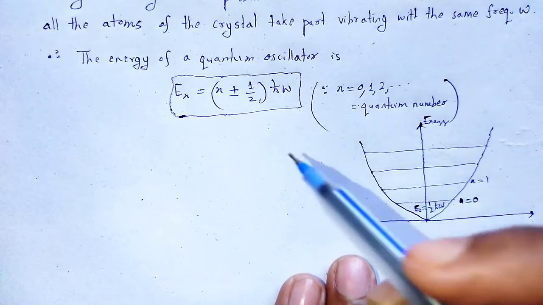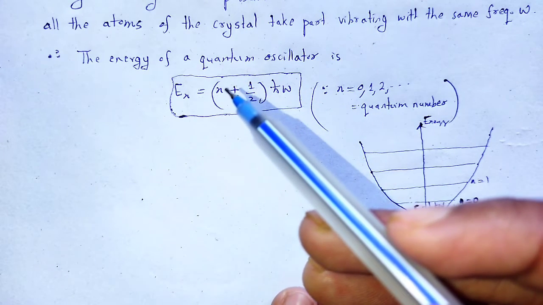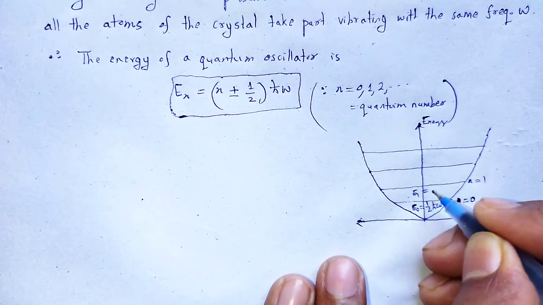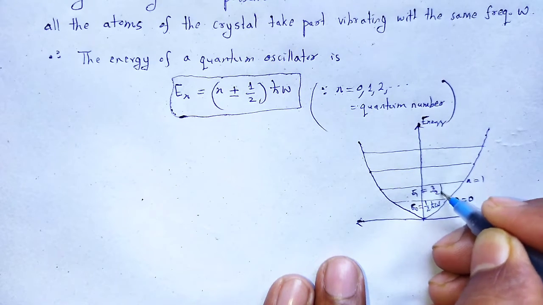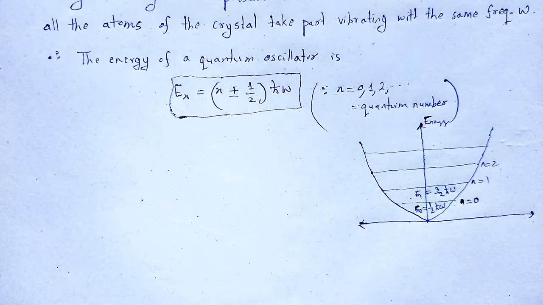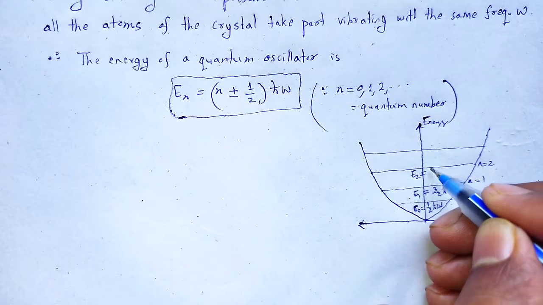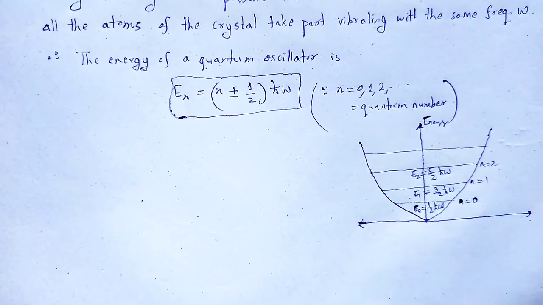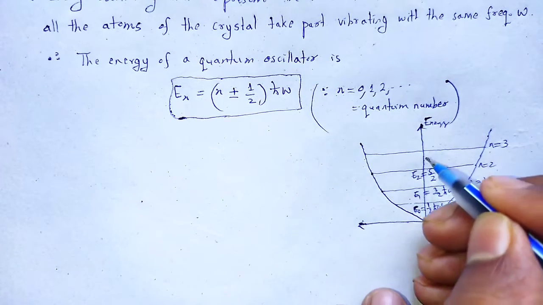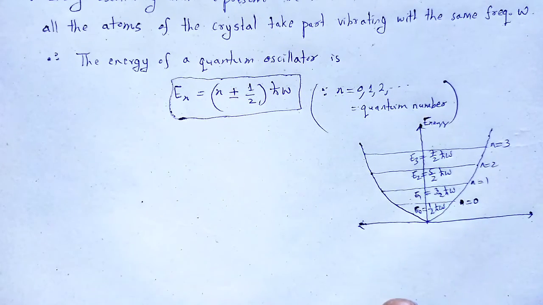Next, when n is equal to 1, E1 is equal to 3 by 2 h cut omega. When n is equal to 2, then E2 is equal to 5 by 2 h cut omega, and when n is equal to 3, we obtain E3 is equal to 7 by 2 h cut omega.